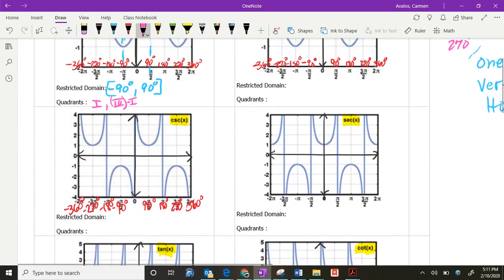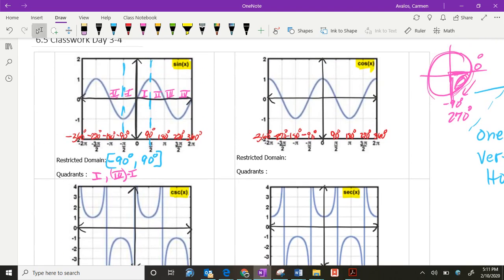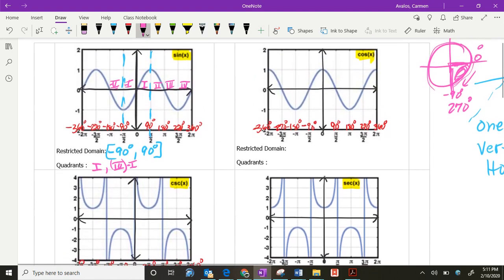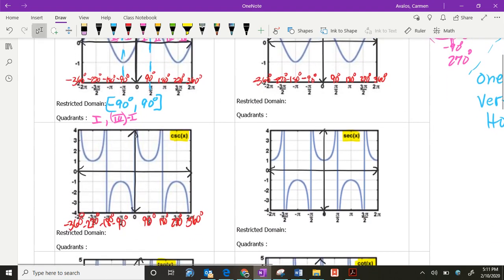Okay, and so if sine is restricted there, everything that happens to sine is going to happen to cosecant. And this is what cosecant looks like if the sine is not in there. Notice how it starts at 1 and goes up to infinity. We've talked about that. But if sine is restricted between the 90 and the -90, then so is the cosecant.